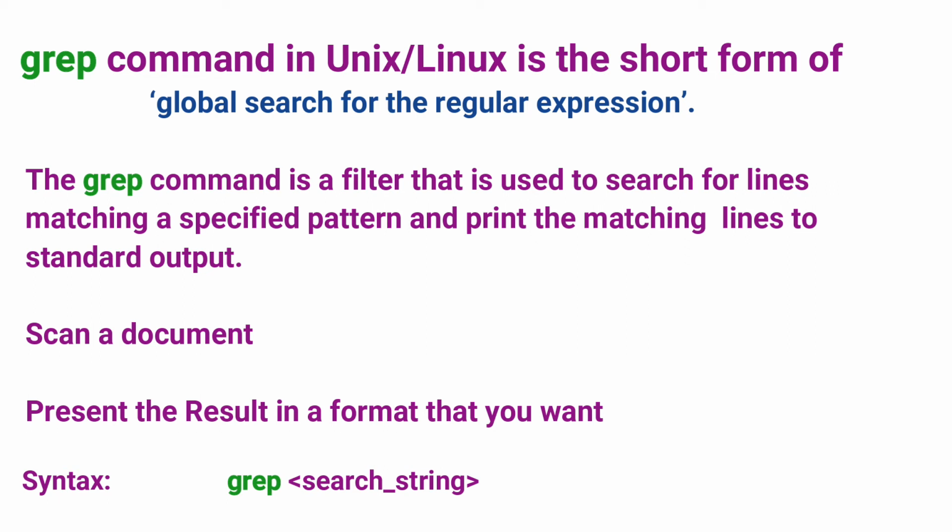So let us start with the first command to understand how the grep command works. Again, we are going to use the pipe command in order to concatenate these two commands so that they can execute simultaneously.